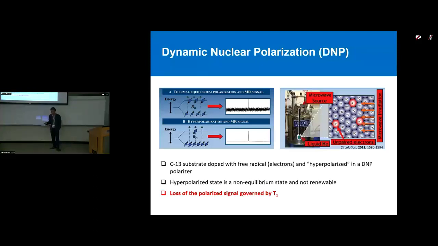So luckily, about 15 years ago, there was a first report of a technique called dynamic nuclear polarization, which would put metabolic substrates in a very high magnetic field instrument called a polarizer and cool it to almost absolute zero.